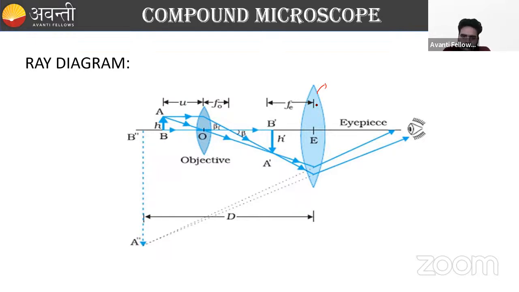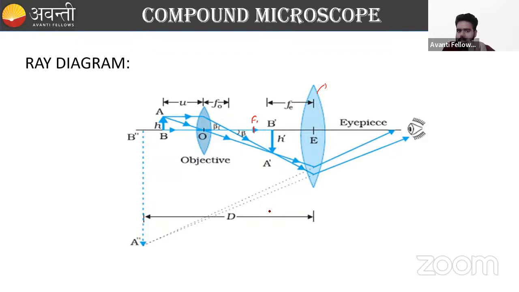If the aperture of this lens is more, then the focal length of this lens is also more. Suppose the focus of this lens lies at this point, say f1, correct?